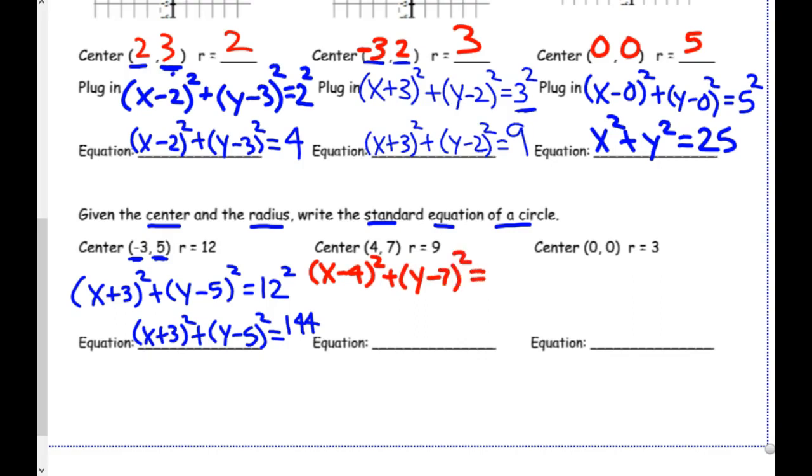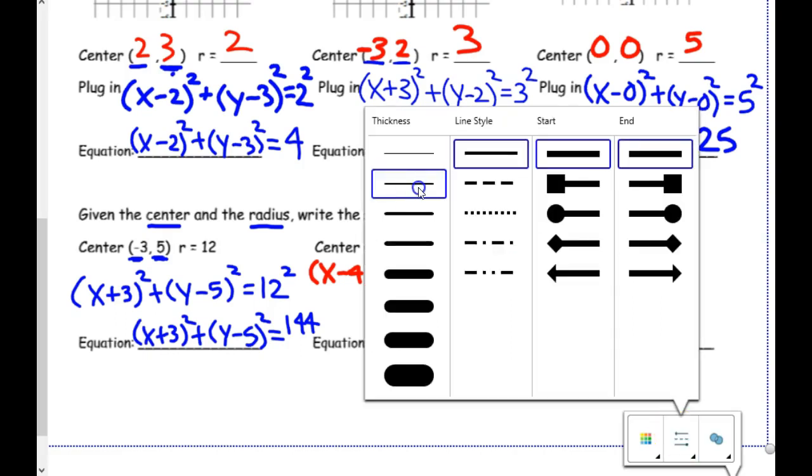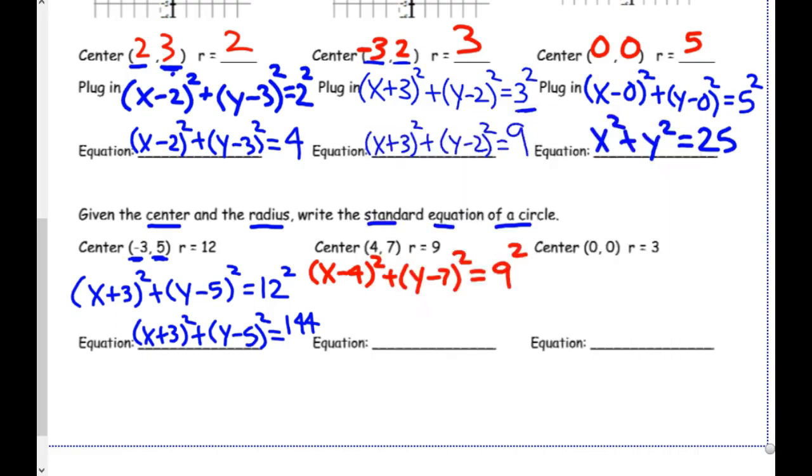Equals 9 squared. And then we take it down here. What is 9 squared? 81. Not 18. 81. All right, and everyone's writing this down? Good. Last one on this section.